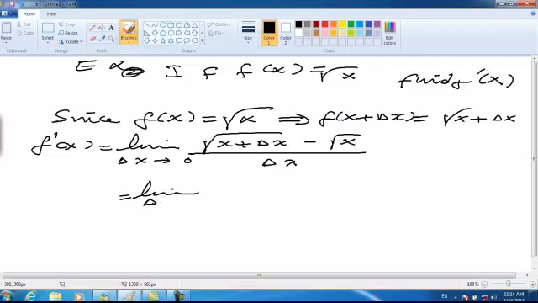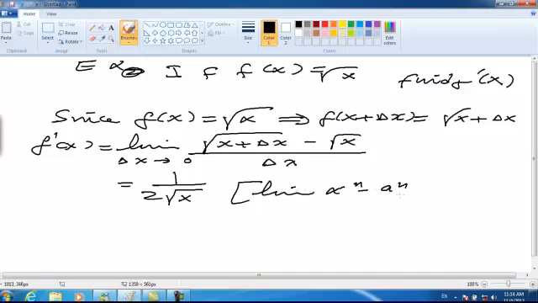Using the rule, the limit of x to the power n minus a to the power n, over x minus a, as x tends to a, equals n a to the power n minus 1.